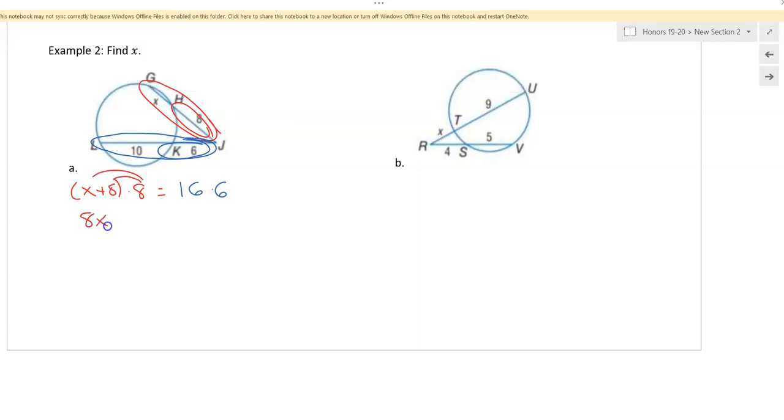I get 8x plus 64 equals 96. Now I'm just solving, right? Subtract 64 from both sides. 32. When I divide by 8, we get x equals 4.